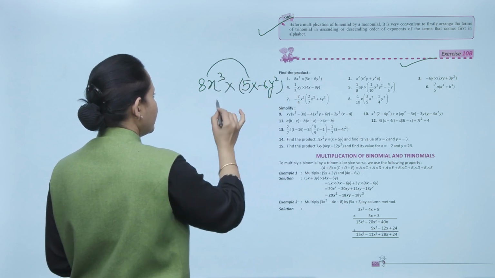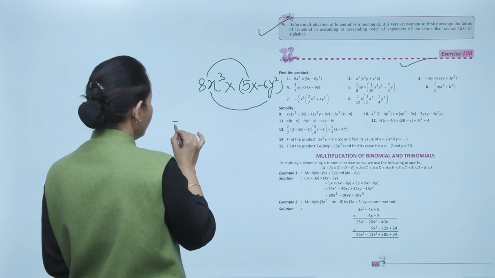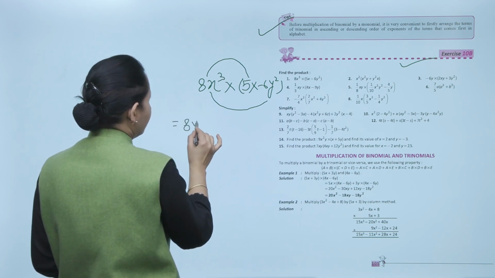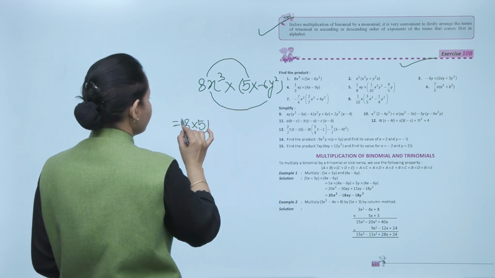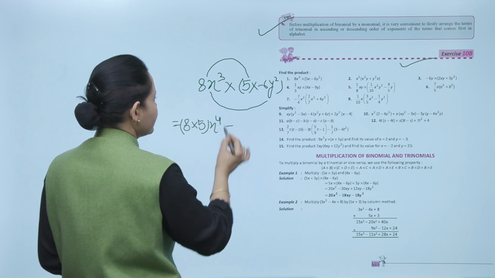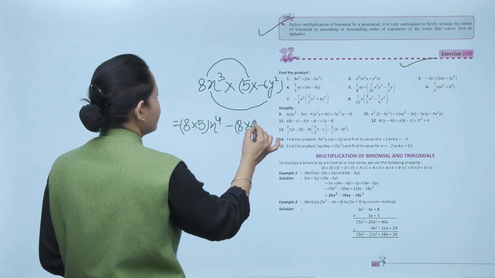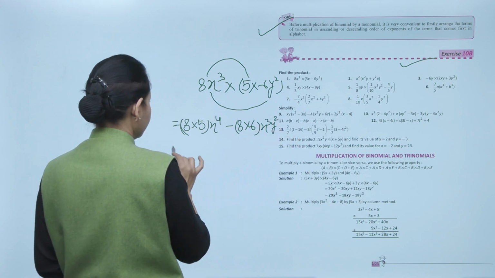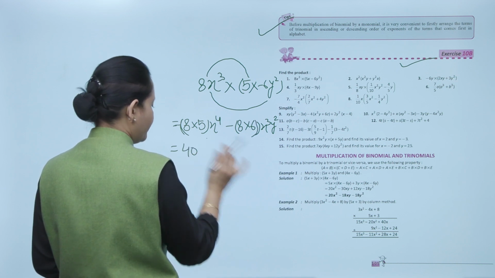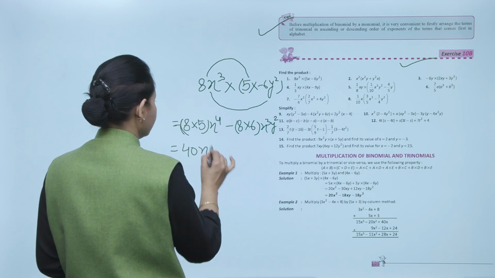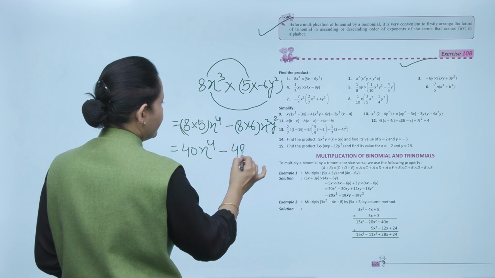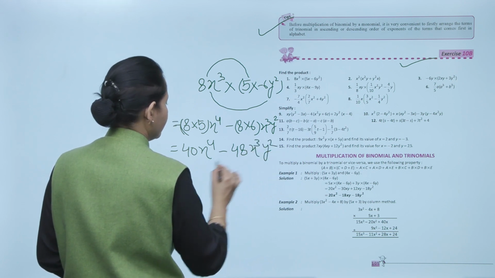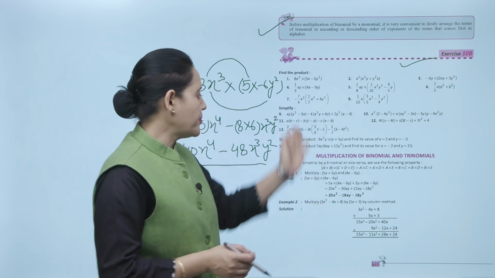So first it will be 8 into 5, and x cube and x will be x to the power 4. There is a minus sign, so we write the minus sign, 8 into 6, x cube y square. So it is 40x to the power 4 minus 48x cube y square. So this is the answer. Clear? You have to practice all the questions.